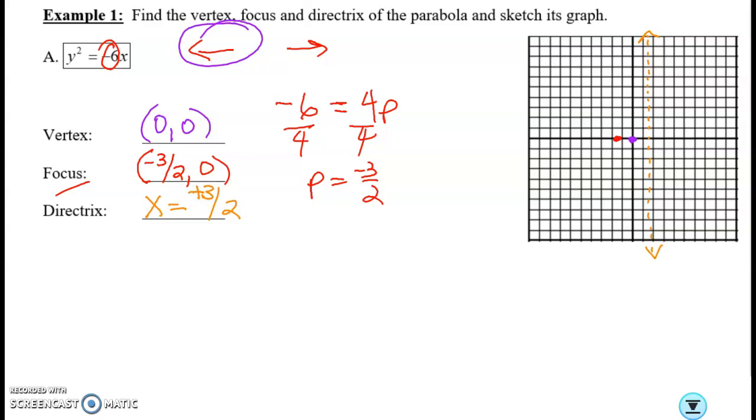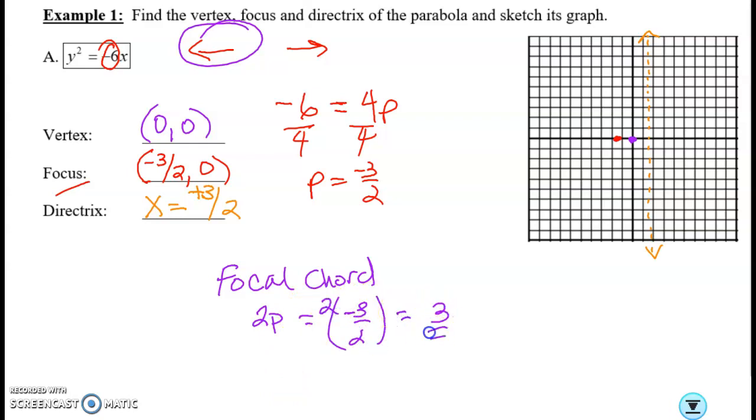And now it's time to talk about that focal chord. The focal chord is always 2 times p. Well, our p value here is 3/2. So if we double that, we get 3 or -3. It's a distance, so we just need to think about 3. You are going to go 3 units out from the focus in either direction.